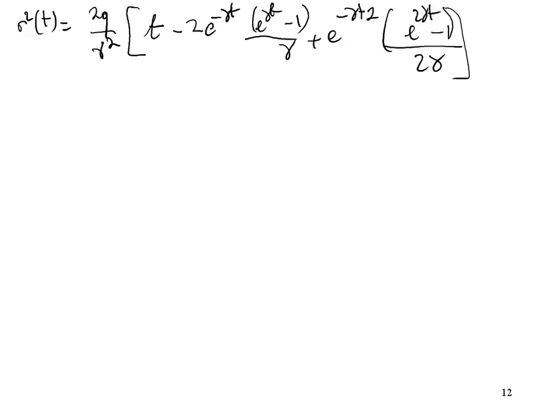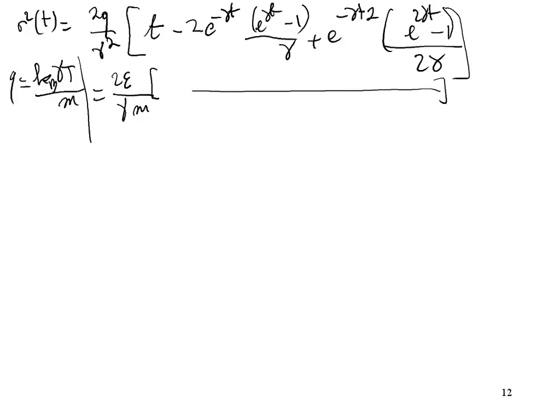By definition q is gamma times Boltzmann constant times temperature divided by m. So this term is simply equal to 2 epsilon divided by gamma m multiplied by the same quantity, which I'm not going to rewrite.